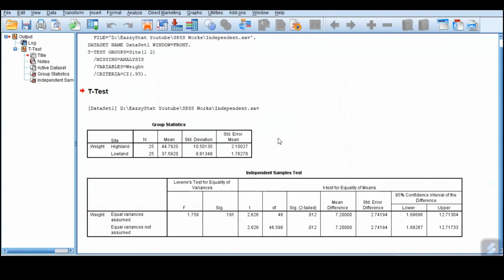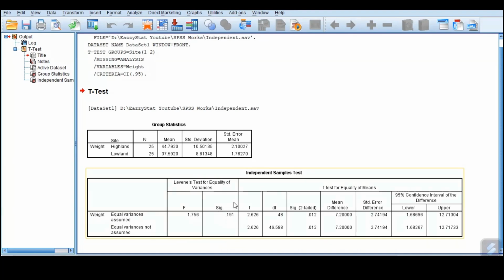Once you click OK, the first thing is Levene's test. This test tells us whether one of the assumptions for the independent t-test is met: that these groups should have equal variance, homogeneity of variance. Looking at the row assuming equal variances, you can see it is not significant.